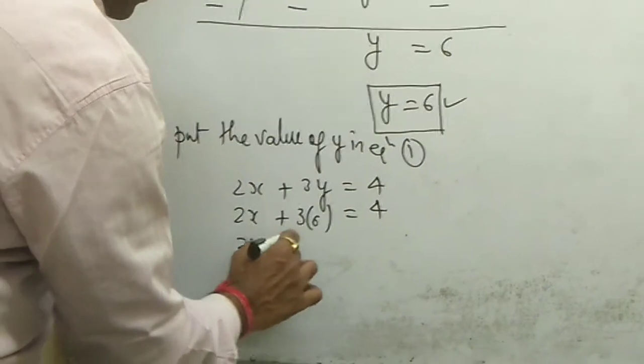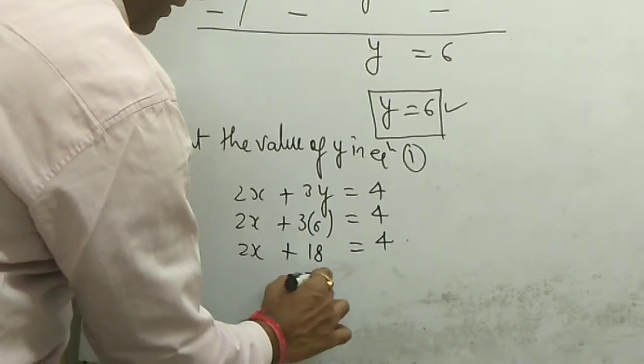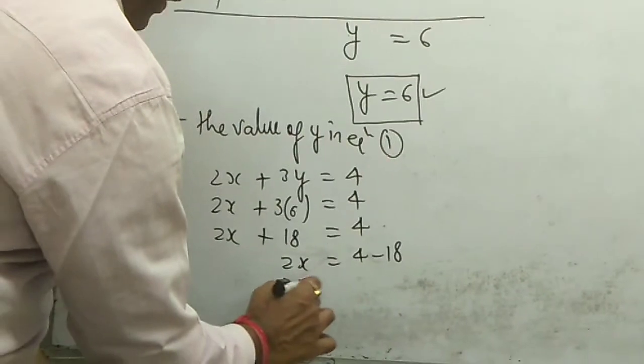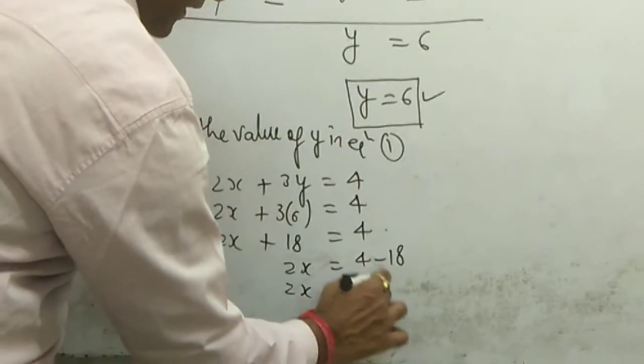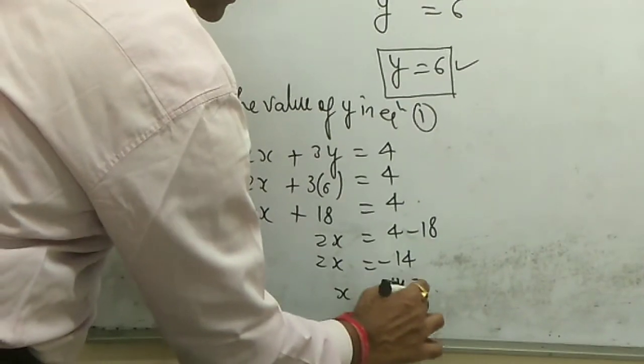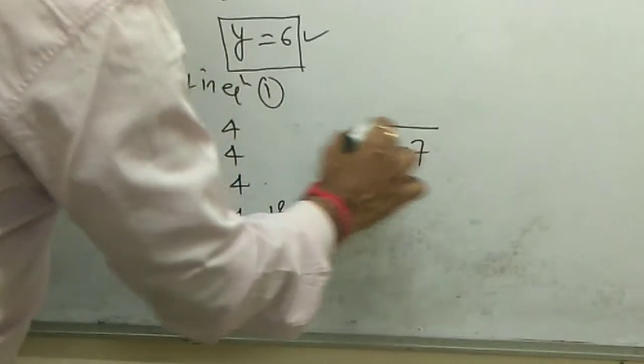So 2x plus 18 equals 4, and 2x equals 4 minus 18. So 2x equals minus 14, so x equals minus 14 by 2, which is minus 7. So you got x equal to minus 7.